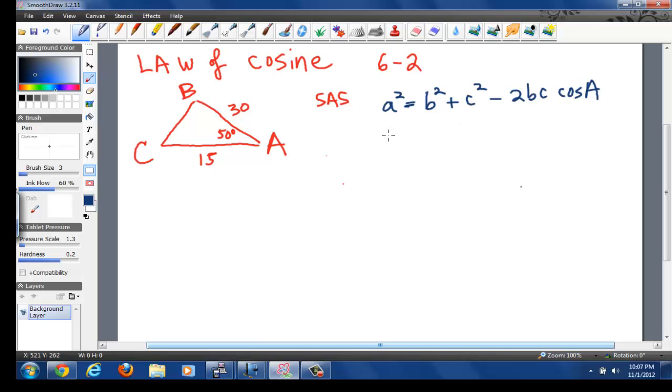So we're gonna substitute our values. We're trying to find A squared. We don't know what A is, so that's the one that we're trying to find.